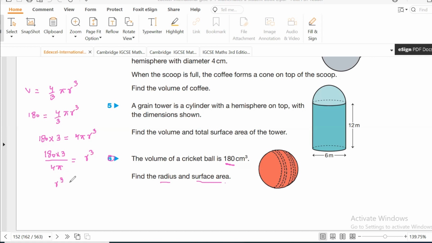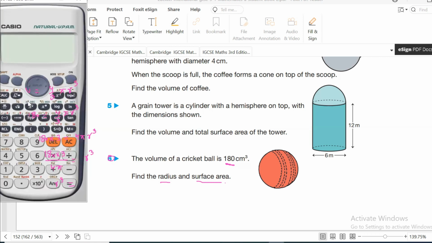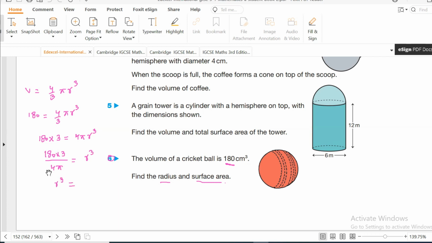We can check r cube in the calculator as well. 180 multiplied by 3 divided by 4 pi, 4 shift pi. It gives us 42.97.